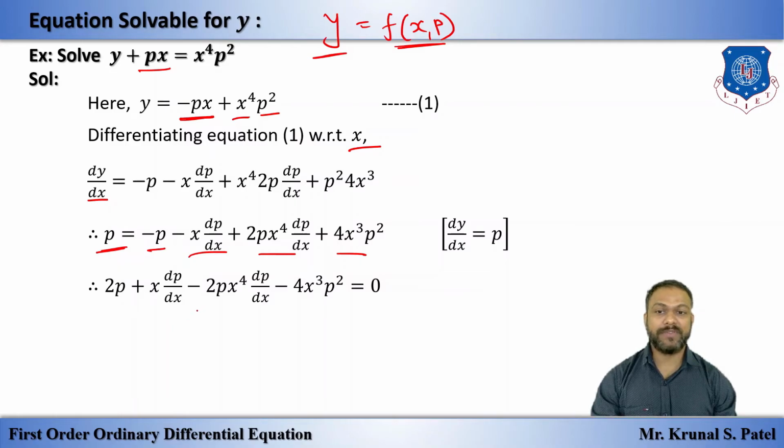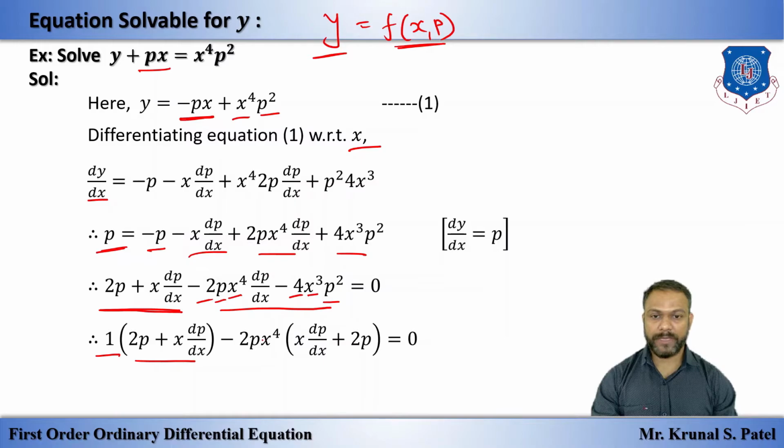Now we will factorize or simplify, so we can take common from these two terms. If we take common 2 from these two terms, and x cube and p, we have this, and from this we'll take one common. So we have to take x cube only. So we have x remaining here.